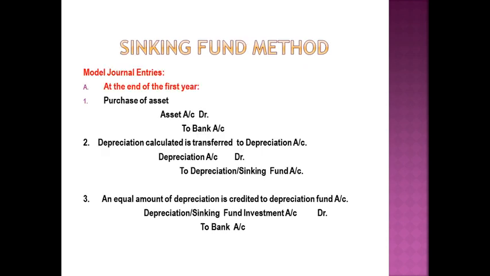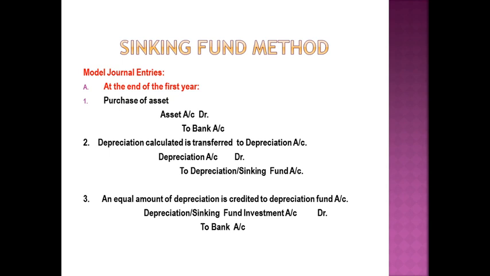We shall now see what the model journal entries are to be passed in the respective financial years under the sinking fund method. Under this method, the journal entries are classified as per the life of the asset.